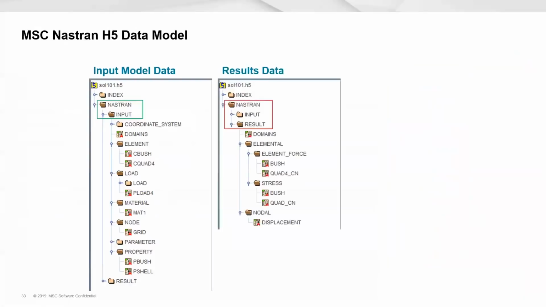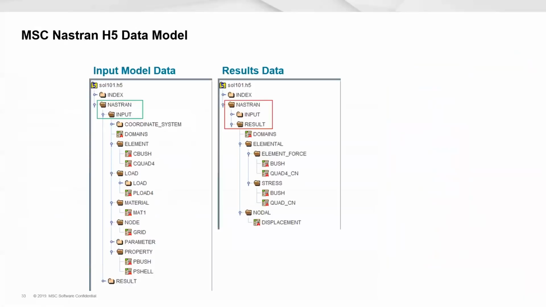So that's in there. Same way then in results, you see here, a separate folder's open. There's a set of domains that show the results domains and the different kinds of results. And there are different tables. The key thing here is the results from a CBUSH element are fundamentally different than the results from a QUAD4, and those are fundamentally different from a continuum solid element.